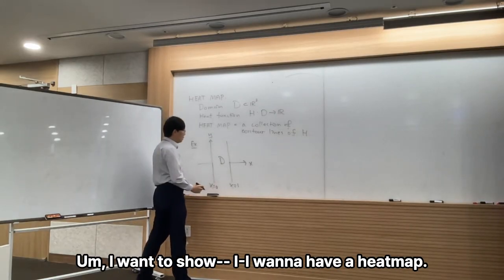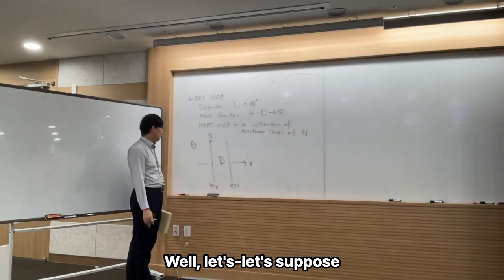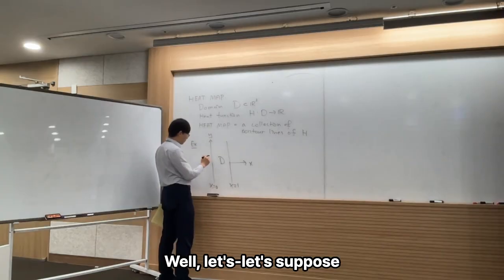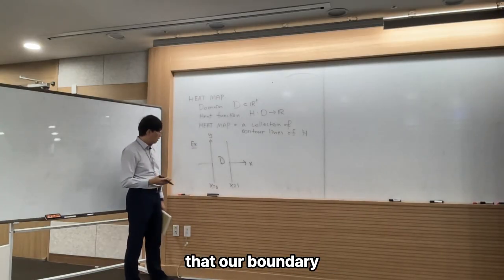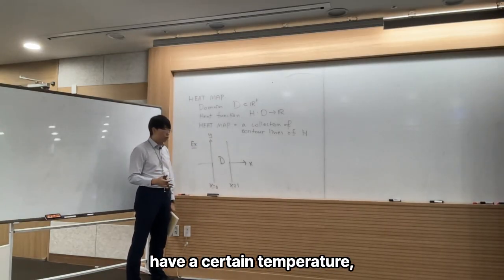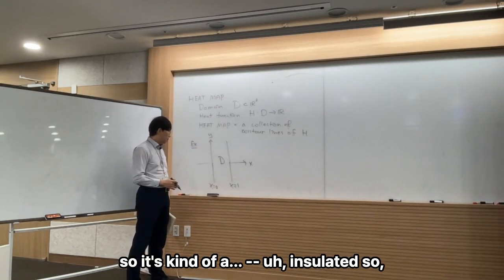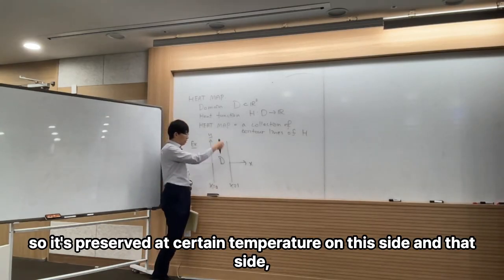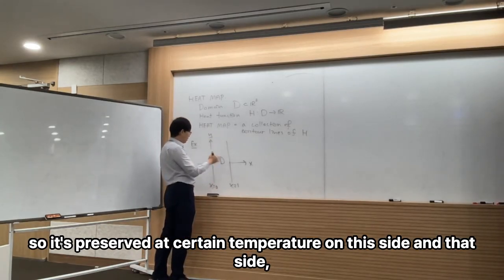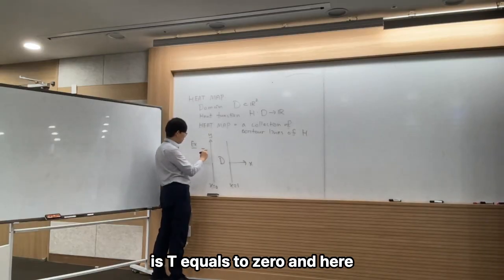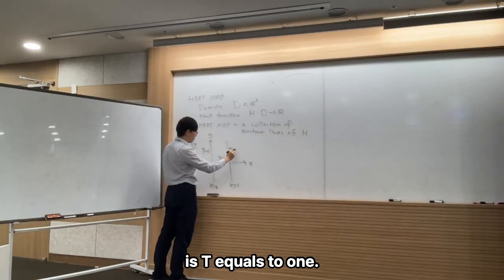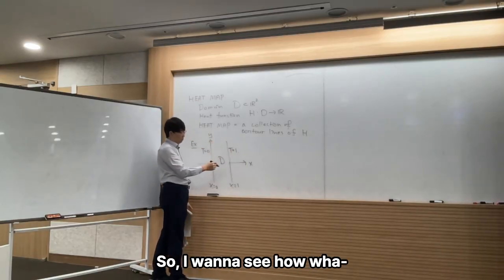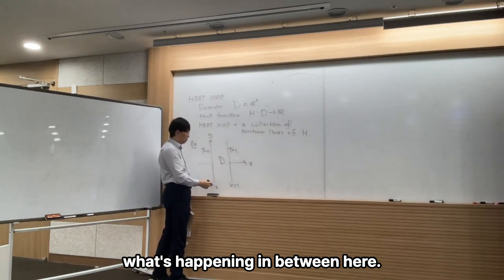I want to have a heat map. Let's suppose that our boundary has a certain temperature. So it's kind of insulated. It's preserved at certain temperature on this side and that side, and the temperature here is T equals 0, and here is T equals 1. So I want to see what's happening in between here.